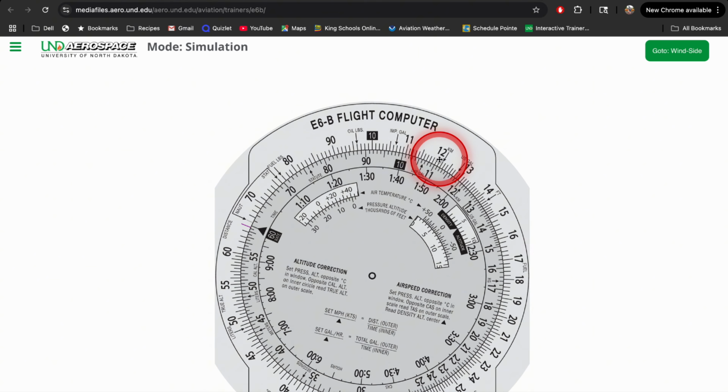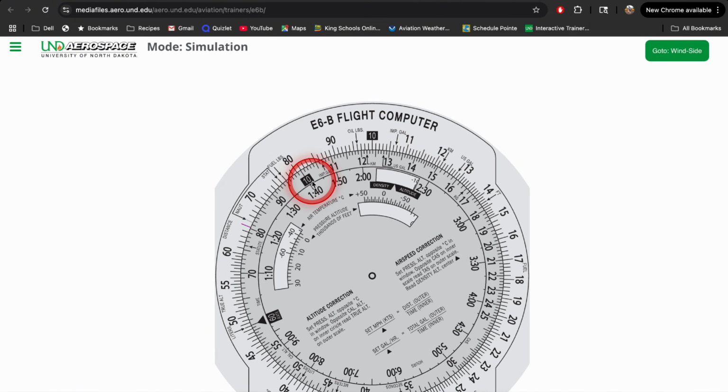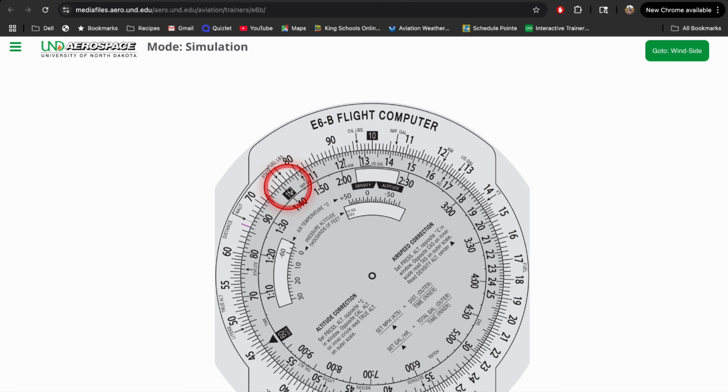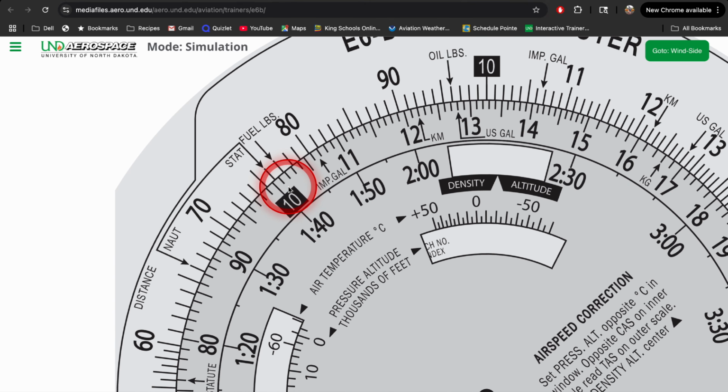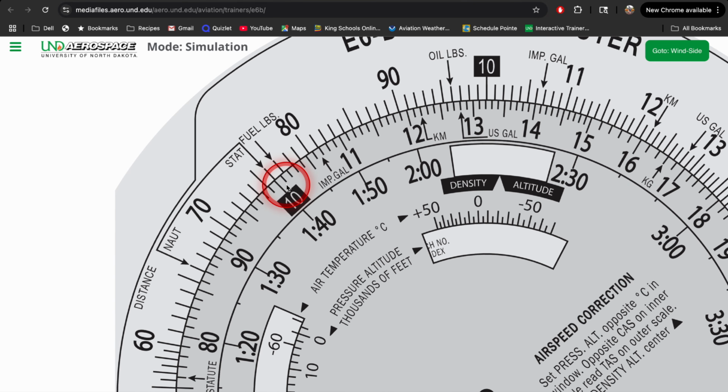You'll quickly notice that there is no 100 on the scale, but we could take 10, shift the decimal place over to the right one, and that represents 100. So if I take that 10 and align it right there, statute miles, 100, then we get nautical miles underneath this arrow right here.